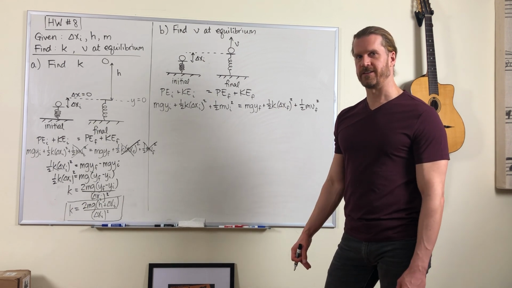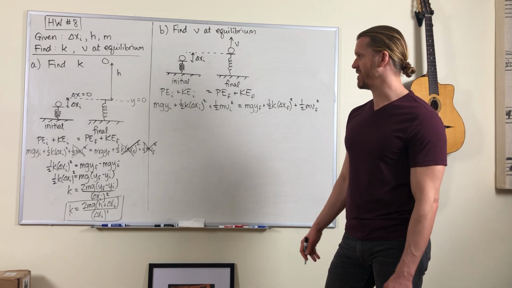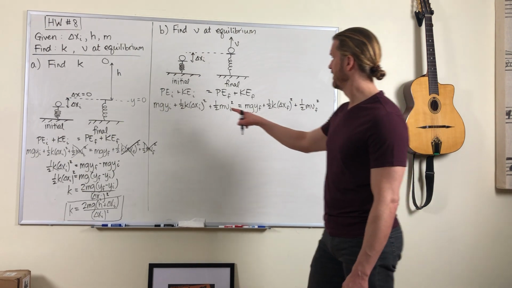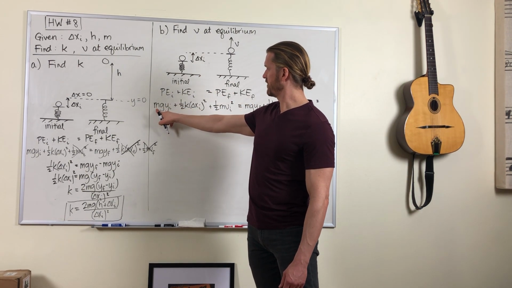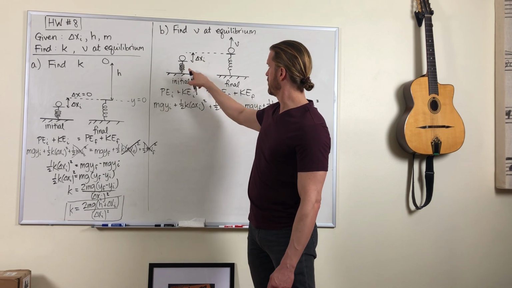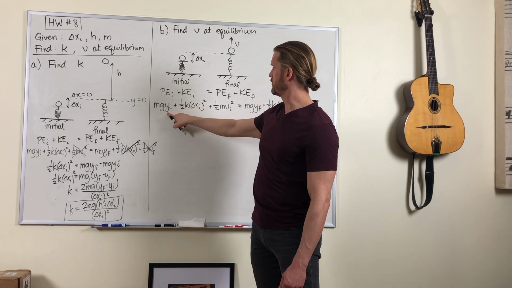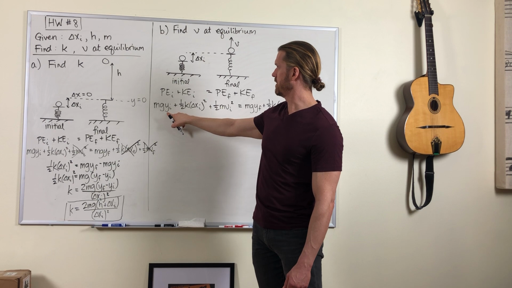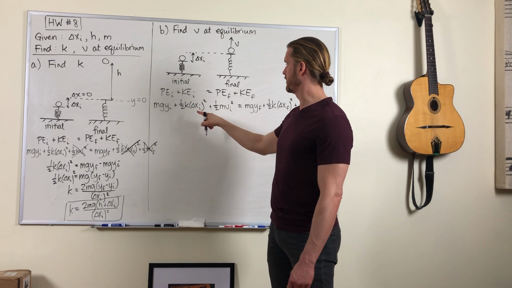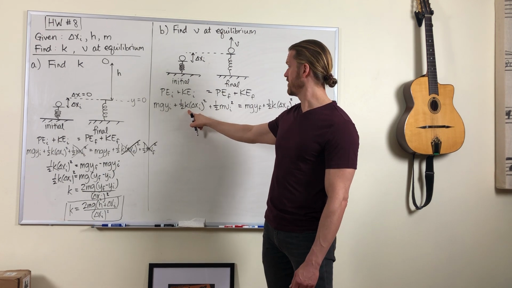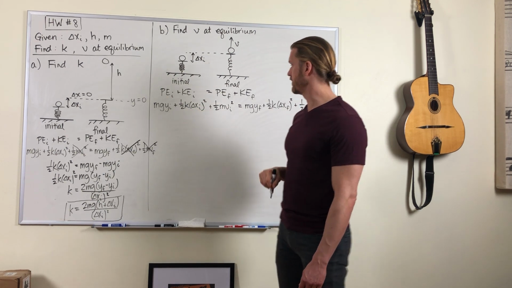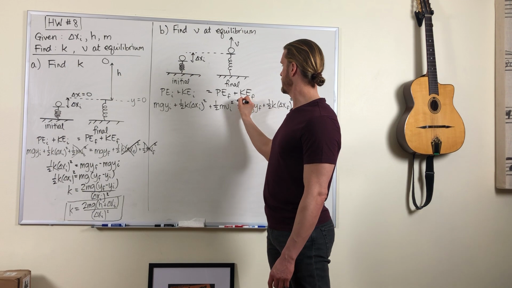Actually, I misspoke. I think we'll still have the same amount of zero quantities as before. Let's see what's zero. Gravitational potential energy, that's not zero, because y initial is going to be negative delta x initial. Initial spring potential energy, that's not zero, because this thing is not zero. Initial kinetic energy is zero.